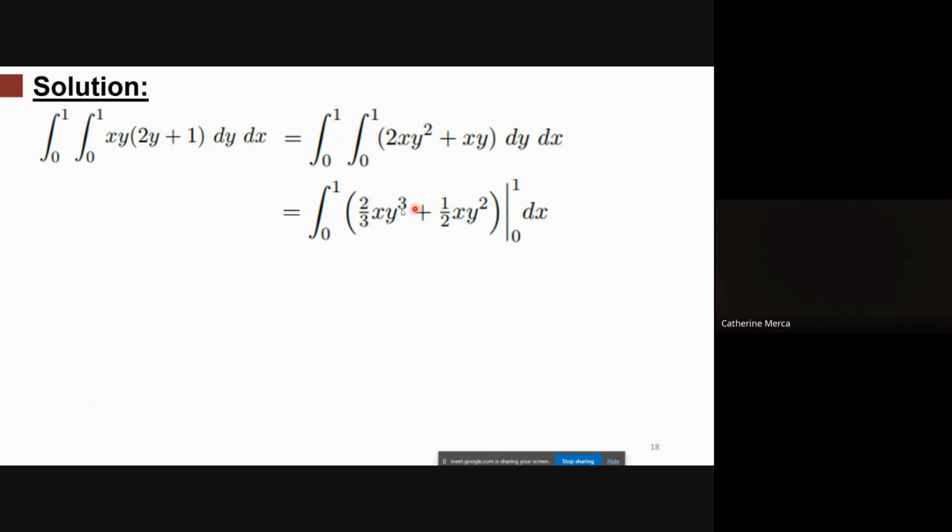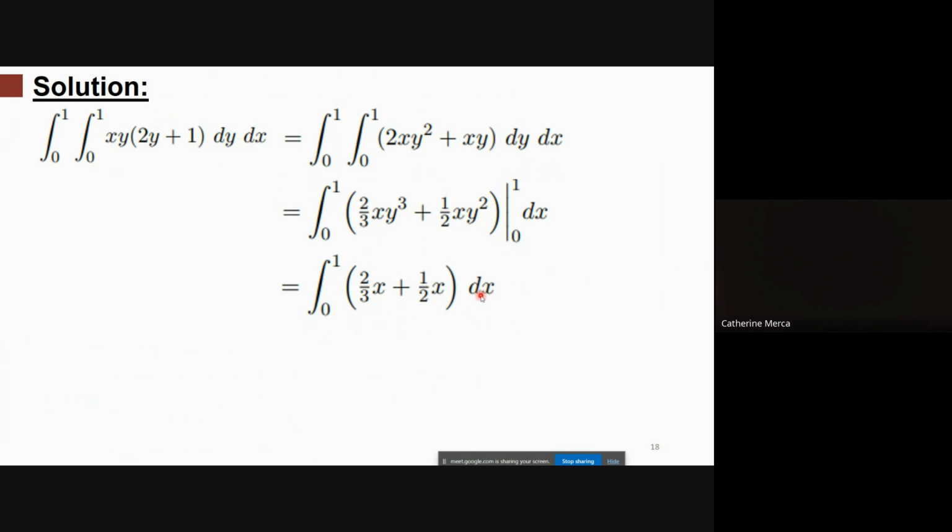You replace y with 1. So 1 cubed gives 2/3 x, and this is 1 again, so 1/2 x. Because it's minus 0, it does not change anything. So you should just have 2/3 x plus 1/2 x dx.